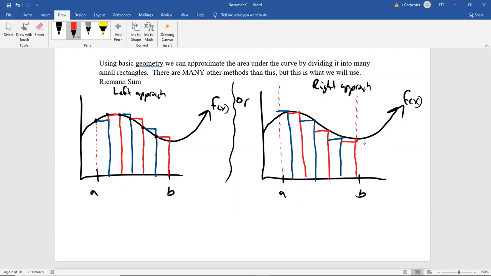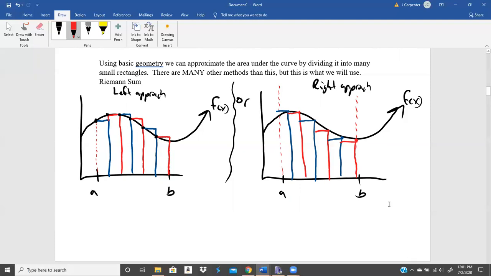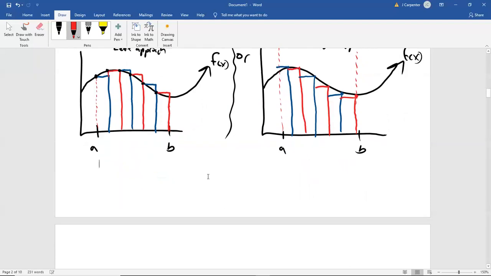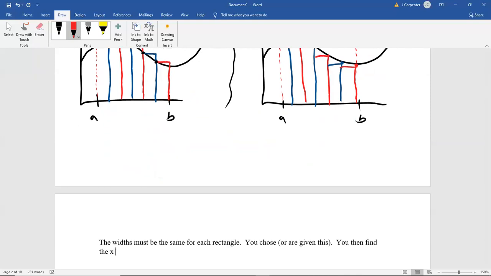So one thing that's consistent with these is the widths must be the same. The widths must be the same for each rectangle. Choose or given. You then find the x values.